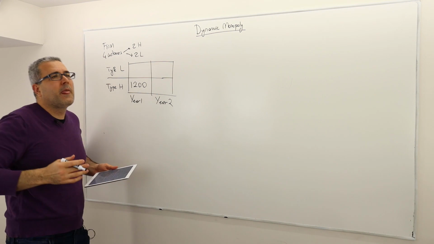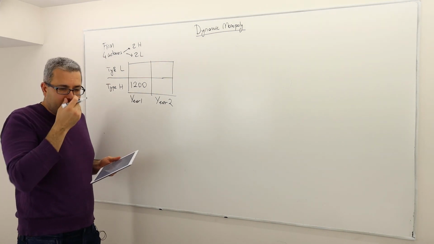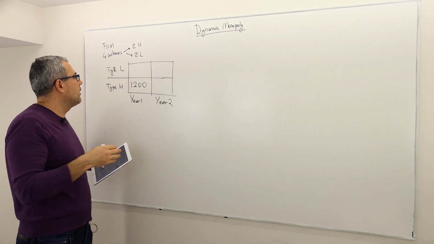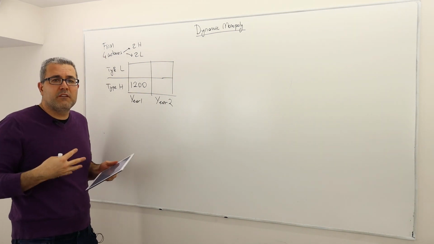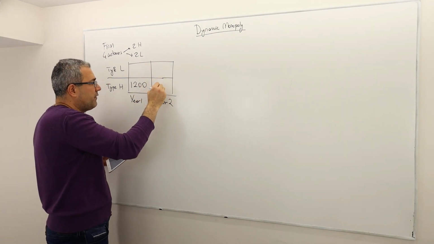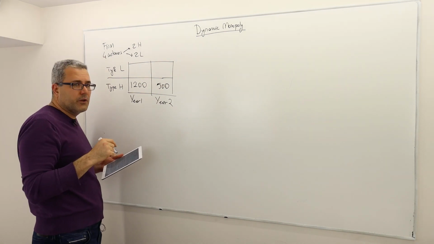All right, meaning you can interpret this as the 1,200 units of benefit the high type is going to derive from owning the smartphone in year 1, and an additional 500 units of benefit or utility from year 2.